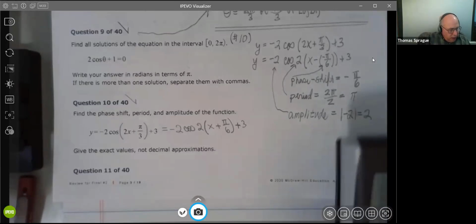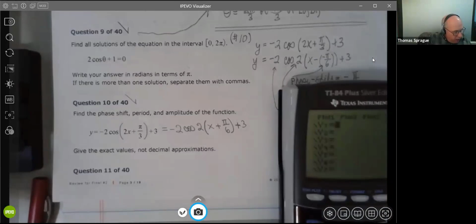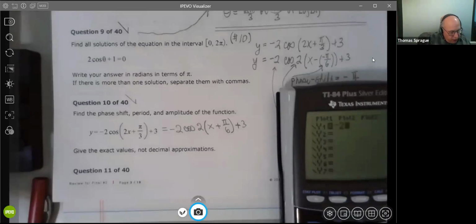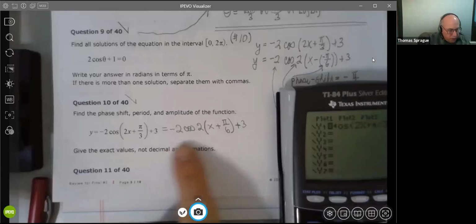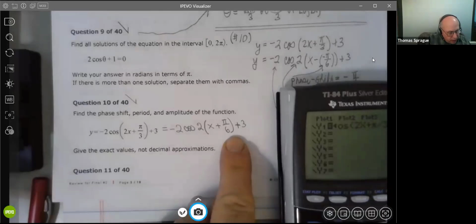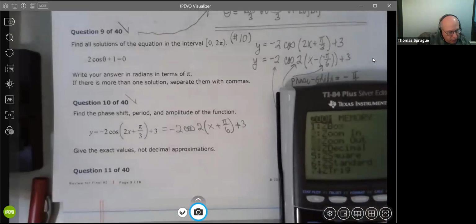So why don't we type that one in? -2 cosine 2x plus pi over 3, and I'm going to leave the +3 off for now and go to the standard trig window.